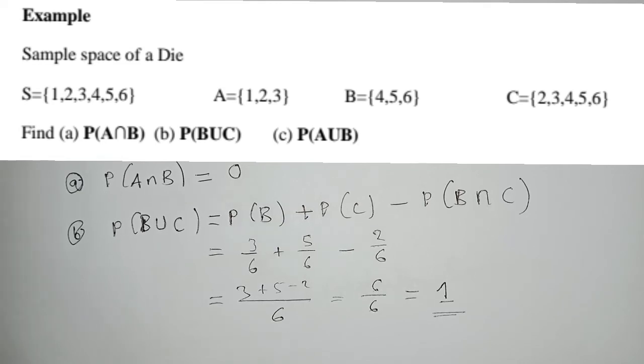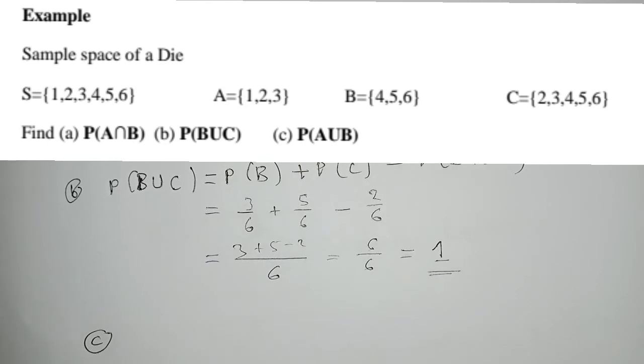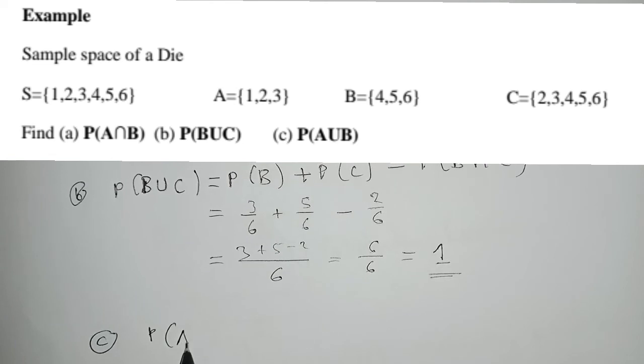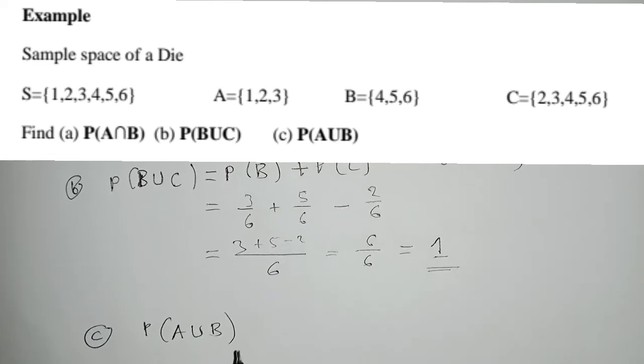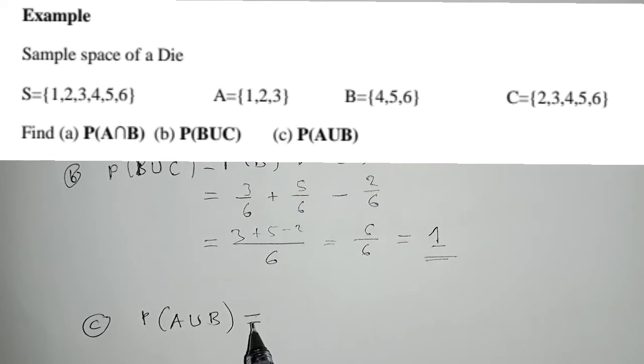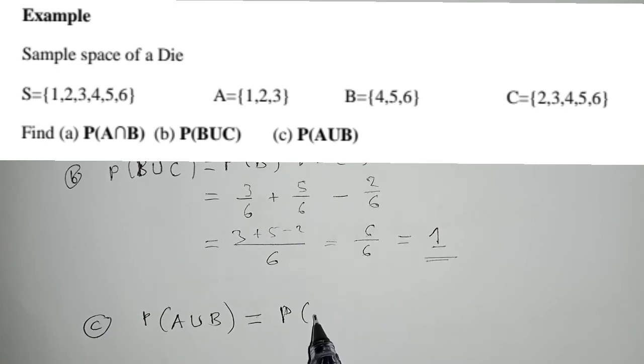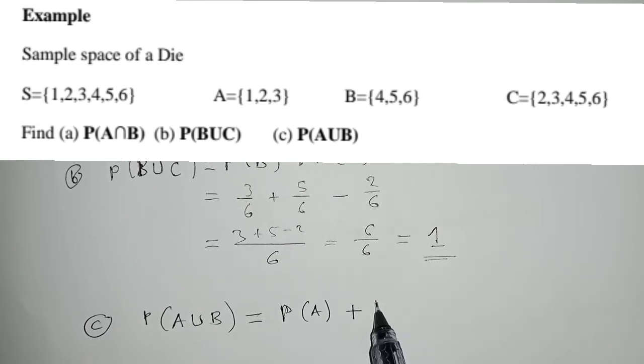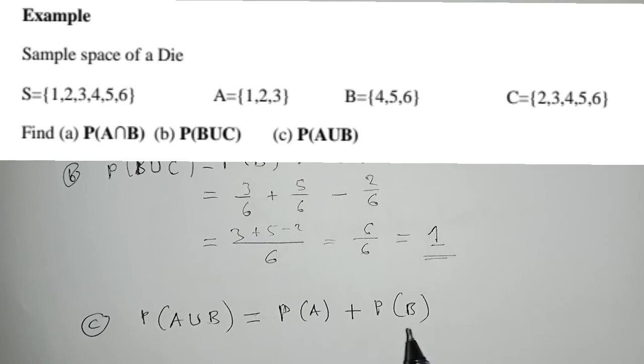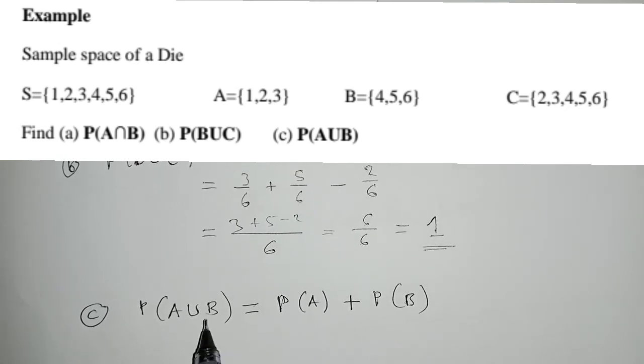Let's go to C. They are saying probability of A union B. The probability of A union B, if you check nicely, will be probability of A plus probability of B. We are not going to do the minus. This is the formula we're going to use. The reason why you are not subtracting the intersection of these two is because these are mutually exclusive.